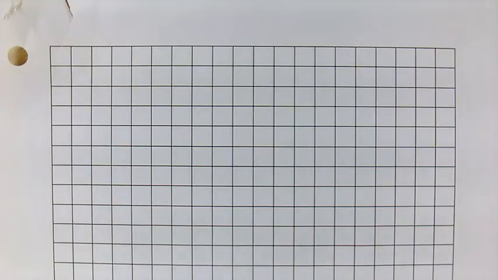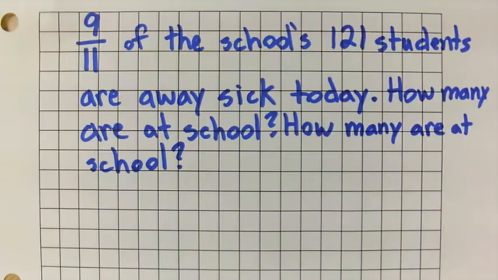There's another type of question that you will see, though, in your assignment, and it's an important thing to be able to know. This is when you're trying to figure out what a fraction of a whole number. So I'll write some example here. Here's the question. It says 9/11ths of the school's 121 students are away sick today. Okay, that's pretty severe sickness for that many kids to be away.